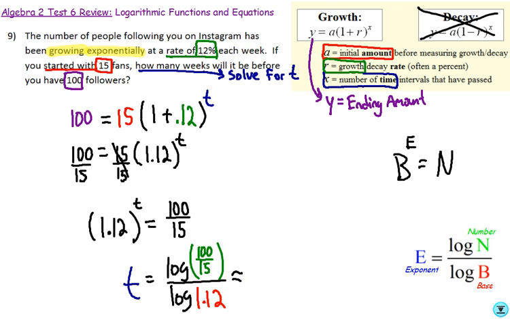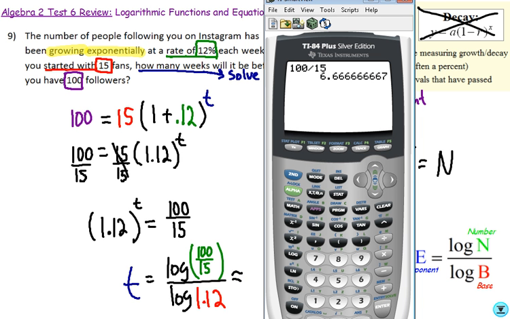We'll do a little squiggly since we're going to probably be rounding here. So how I would type that in is log of 100 divided by 15. If you want to do a fraction in the calculator, you just enter it as a division problem. Make sure you get that in parentheses because we're doing the log of that fraction.